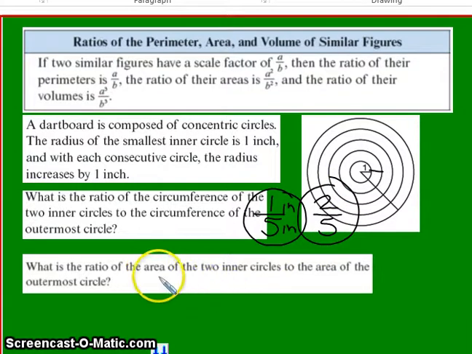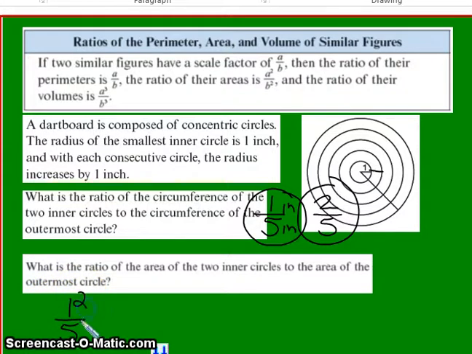And what is the ratio of the area of the 2 inner circles to the area of the outermost circle? Now, the ratio of the innermost circle to the outermost is 1 to 5 for the radius. So to find the ratio of their areas, we would actually square their scale factor, because area is 2 units multiplied.